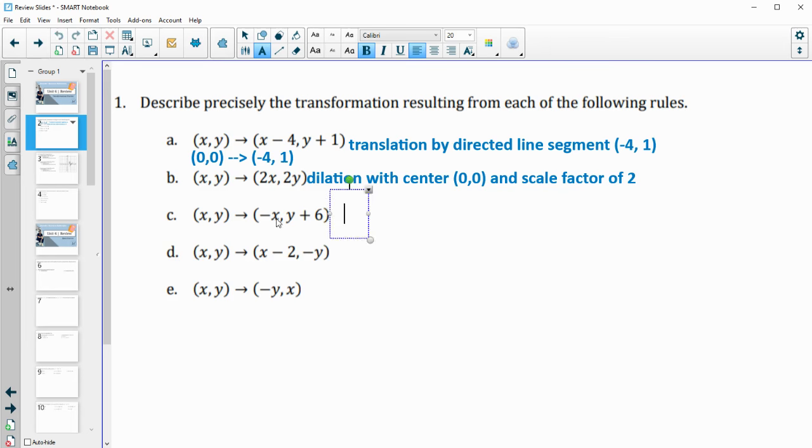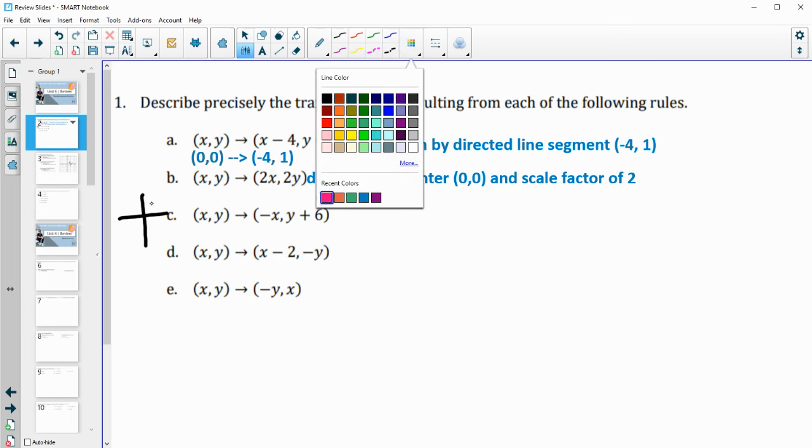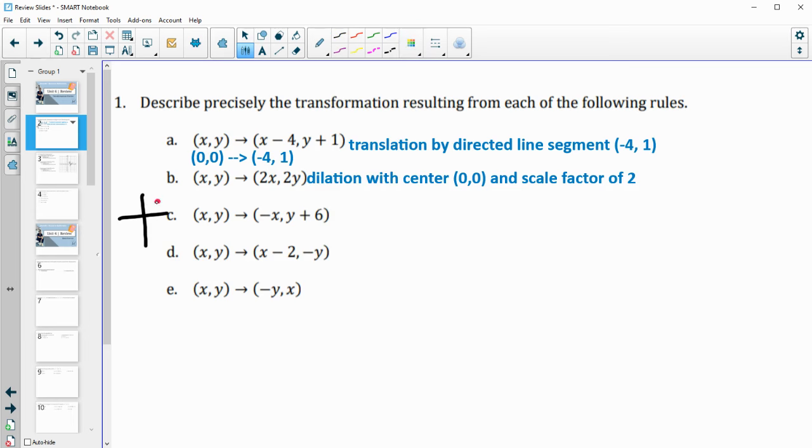Next one has two different things happening here. This negative in front of the x actually flips your x values and makes them opposite. If we had a positive 3 x value, now it's going to be at -3. So that's going to reflect this over the y-axis.